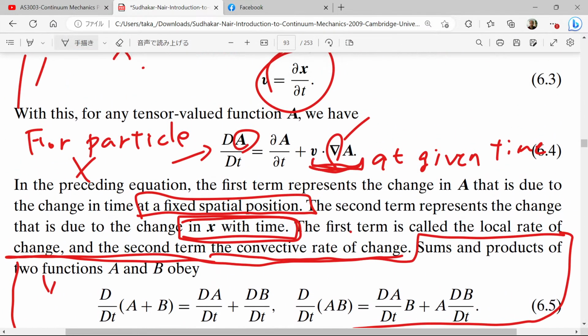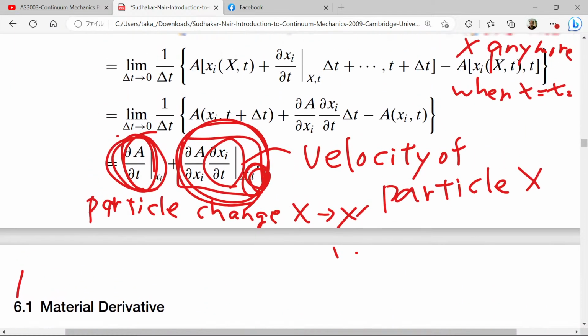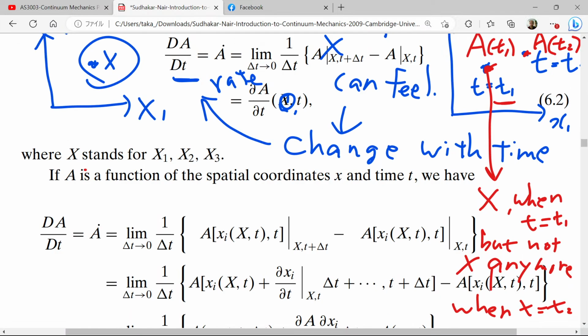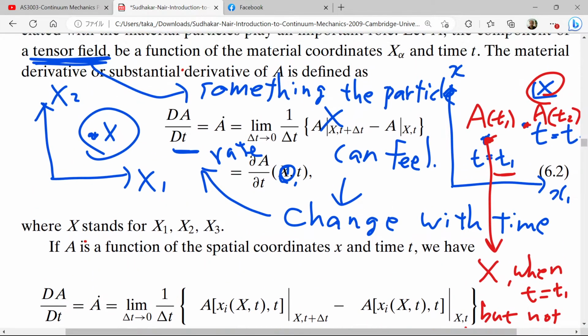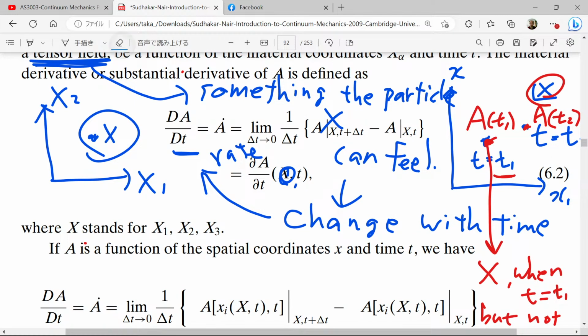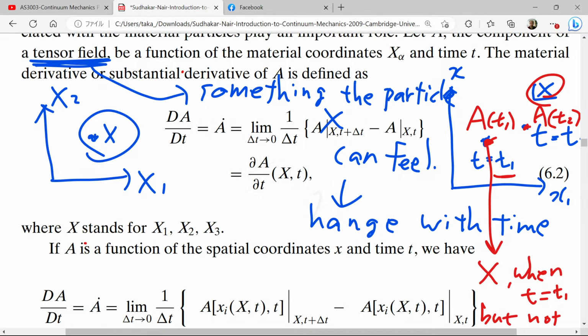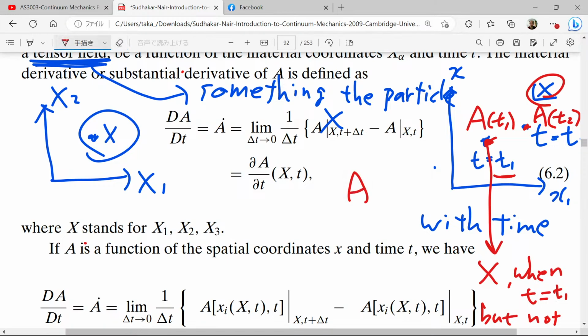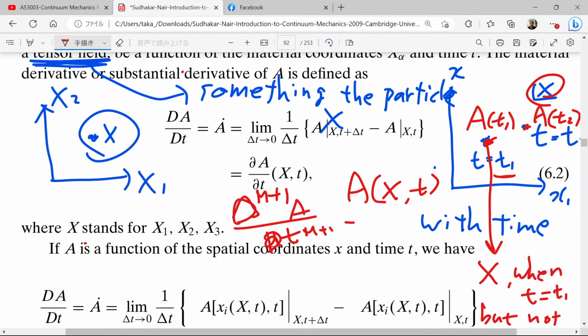This is also okay, I think. If you write your field in terms of material coordinate and time, then d m plus 1 a over dt m plus 1, this is simple, right?